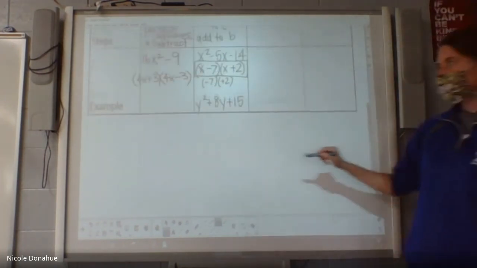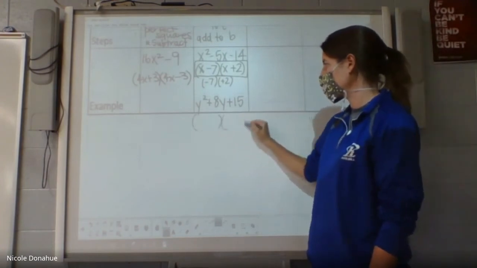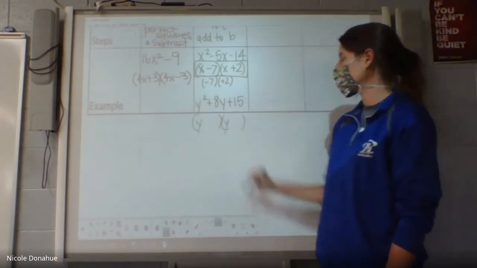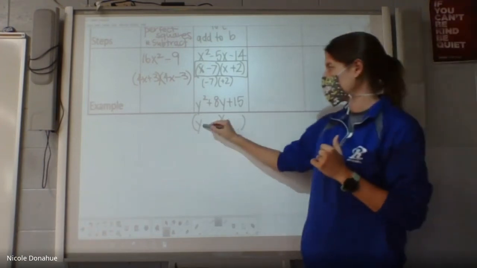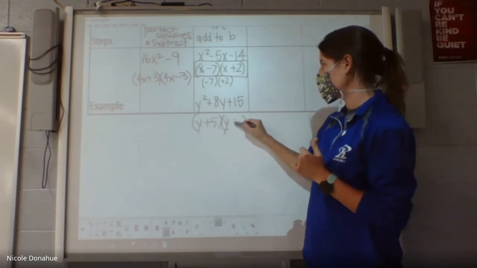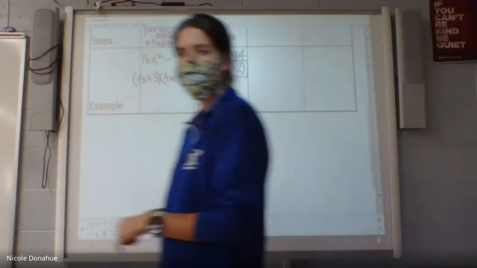So I know this one has to start with what and what? y and y. I want to multiply to get which one? 15. But then I want to add to get 8. 5 and 3. Either one. It doesn't matter which way you write it.